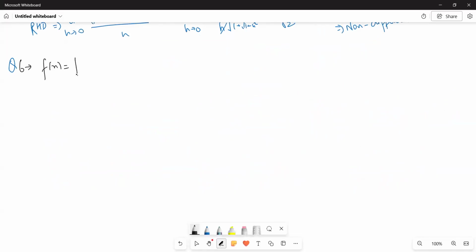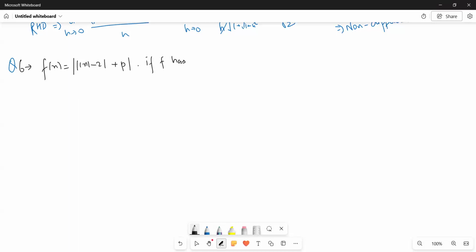If a function f(x) is defined as mod of mod x minus 2 plus p. Fx is defined as mod of mod x minus mod x minus 2 plus p.